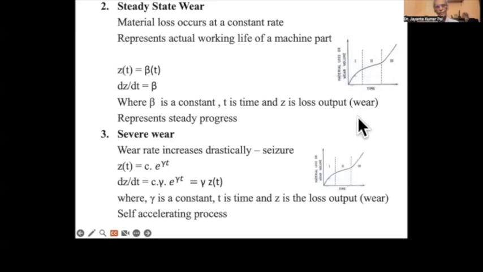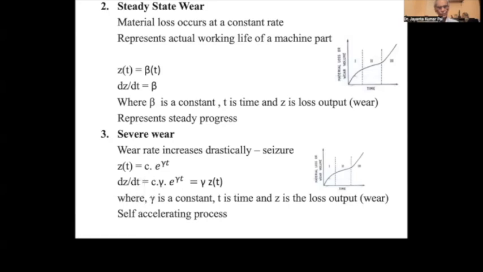Then we have the severe wear, as can be seen that the wear rate is increasing at a very high rate, and this may lead to seizure, and the component may be unusable. So there we can define z, that is the wear, as a function of t, as c times e to the power gamma t.